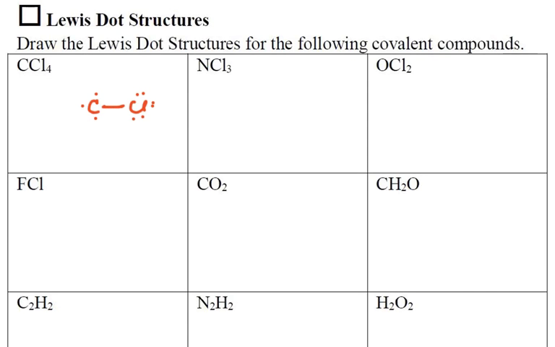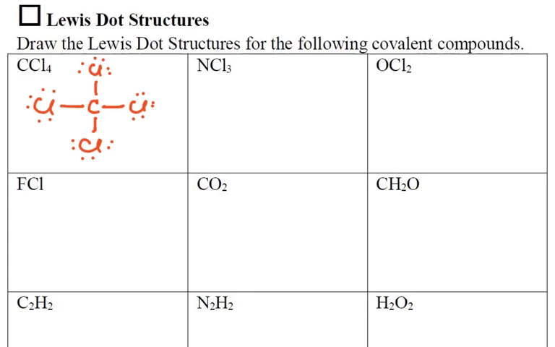I'm going to put a line. Same thing for here's a chlorine. It's going to have 7, and that's going to make a bond. Chlorine's going to have 7, it's going to make a bond. And chlorine has 7, and it's going to make a bond. And that is our Lewis structure right there. Remember we can use lines, we can use dots, we can use combinations of lines and dots. And this is our Lewis structure.